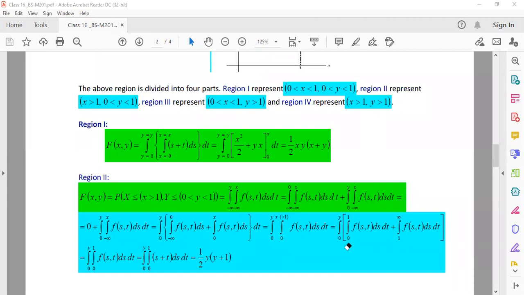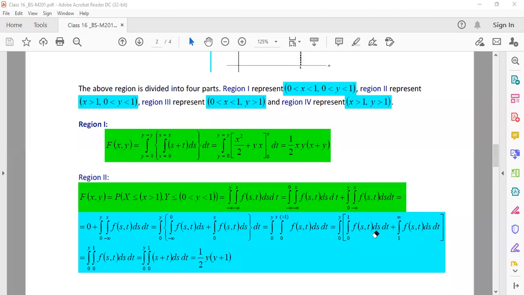So since x is greater than 1, we are dividing the region into 0 to 1 and 1 to infinity. Actually, we are interested in this quantity, 1 to infinity.